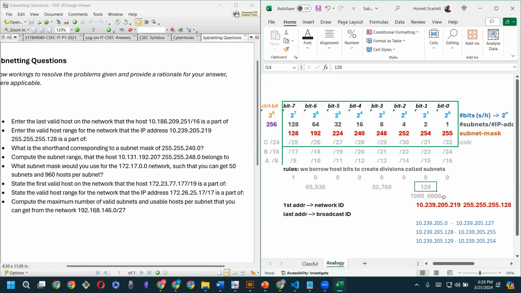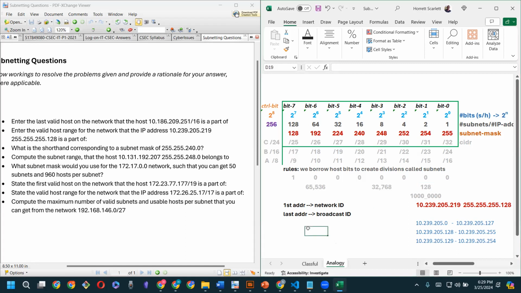Now, what does this block size, or this increment, tell us? The starting point to the next range. So it tells us when the next octet begins.